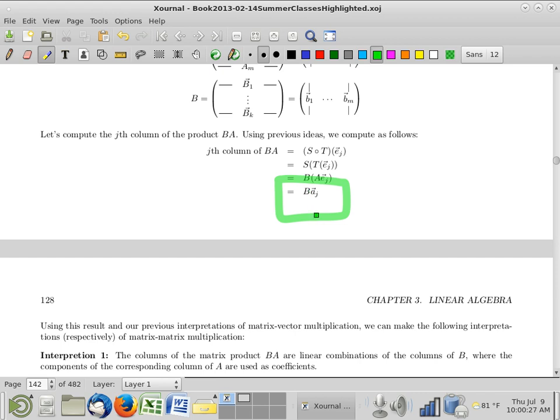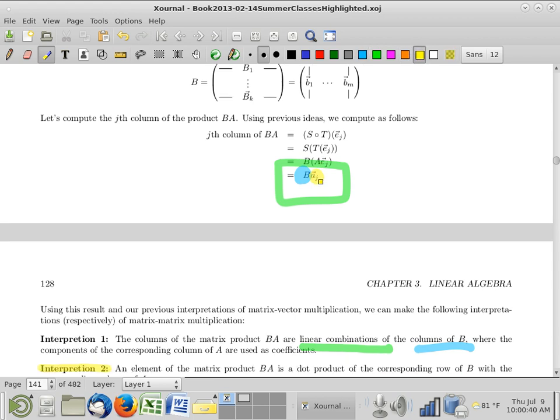This matrix vector product B a_j is a linear combination of the columns of B where I use the corresponding column of A as my coefficients.